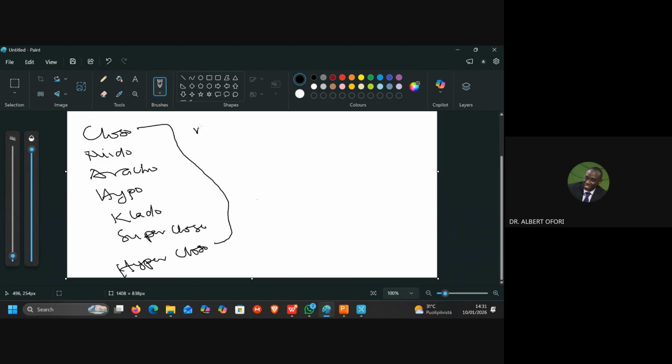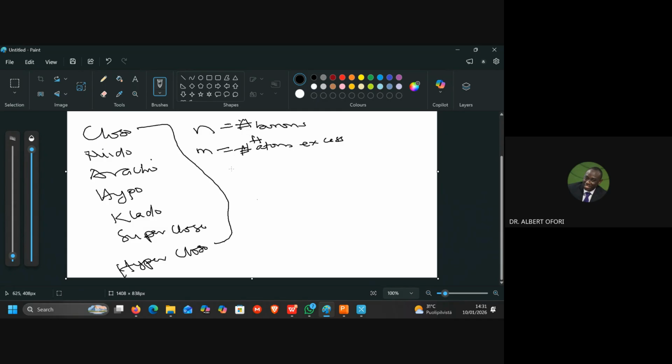Let me use N to represent the number of boron atoms in the borane. Then I'll use M to represent the number of hydrogen atoms that are in excess.